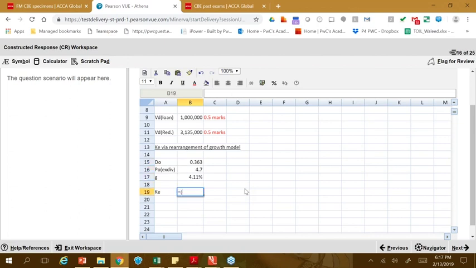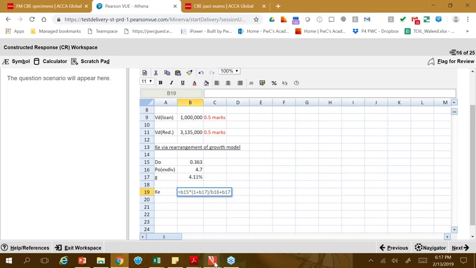So the KE is B15 into 1 plus the G, which is the B17, over the P0, which is B16, plus the G, which is B17.